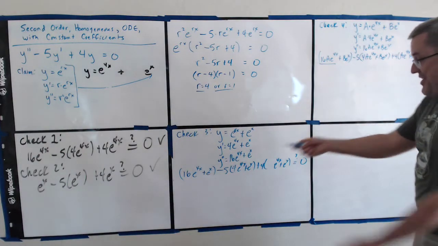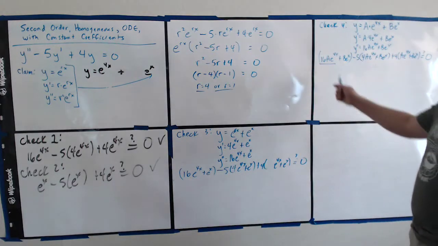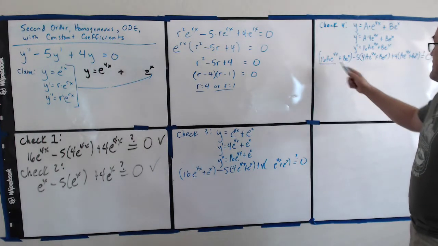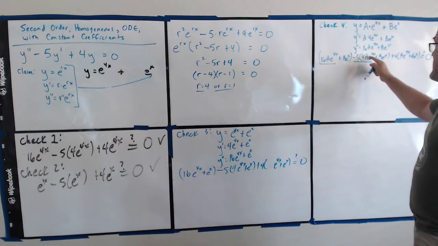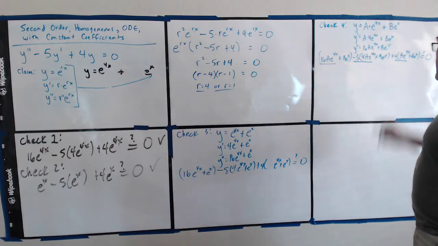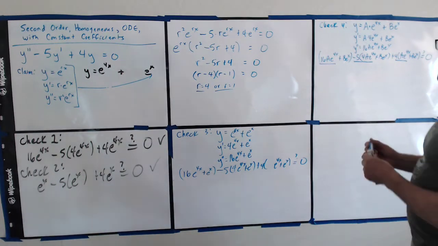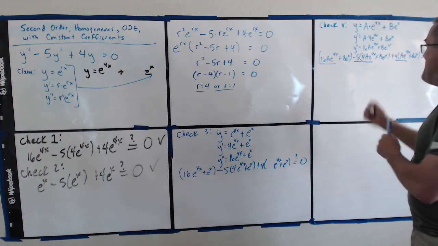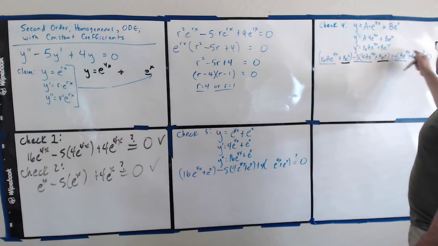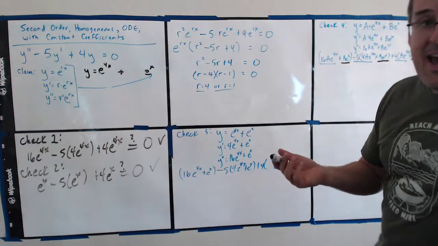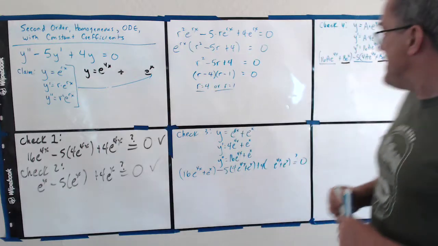It's the same thing that you've seen here, we're just now multiplying it by a factor of a. Look, 16a e to the 4x minus 20, 5 times 4 is 20, a e to the 4x, plus 4a e to the 4x. Put them all together, you got 0. Or, look at here, you have b e to the x minus 5b e to the x plus 4b e to the x. Having a multiplier of b is still going to combine those things and make 0.